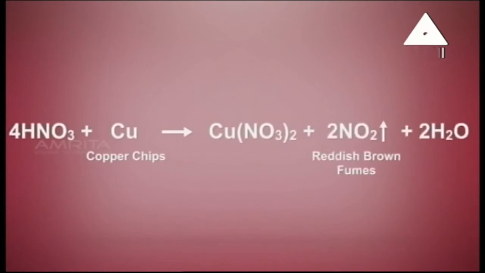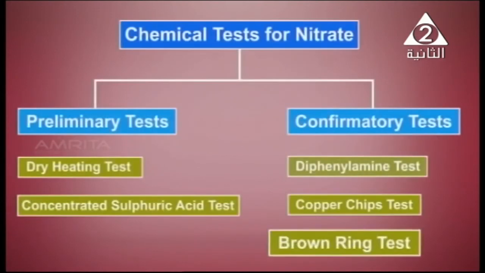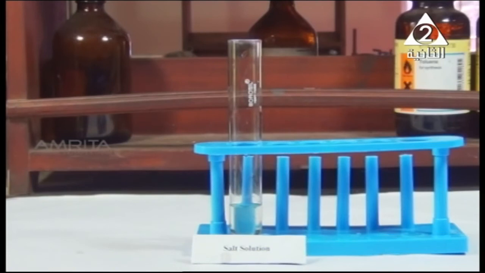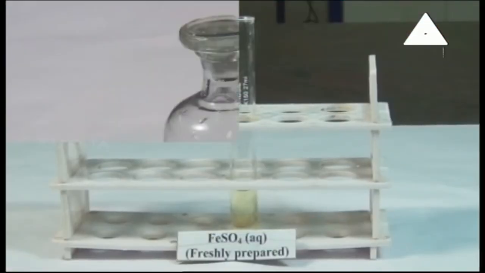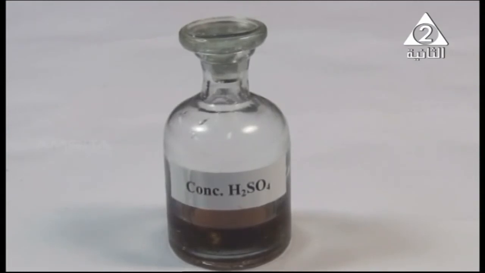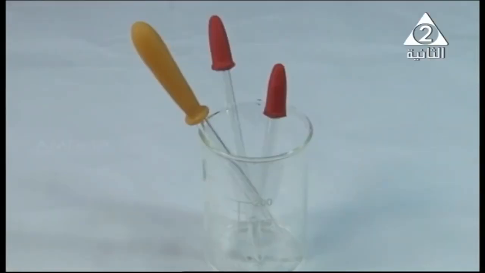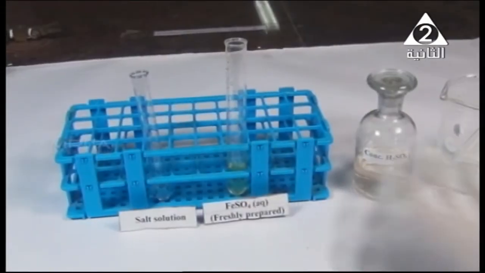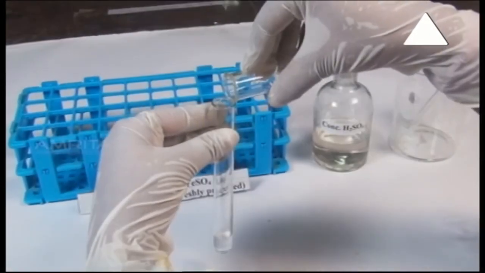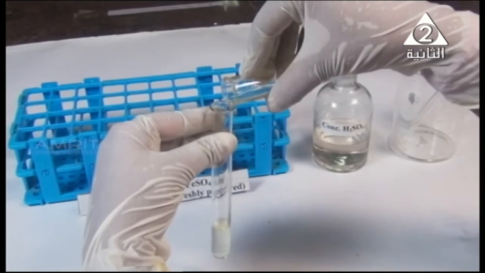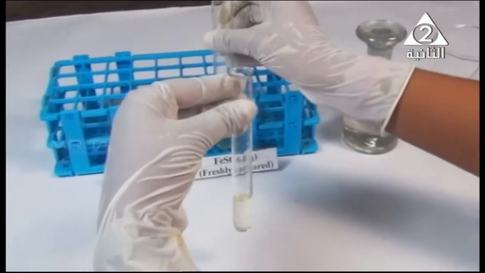Very important test: the brown ring. Take the same salt solution, FeSO4, iron II sulfate, and drops of sulfuric acid. What about the procedure? Add the salt solution, then FeSO4, and add drops of concentrated sulfuric acid smoothly and slowly.